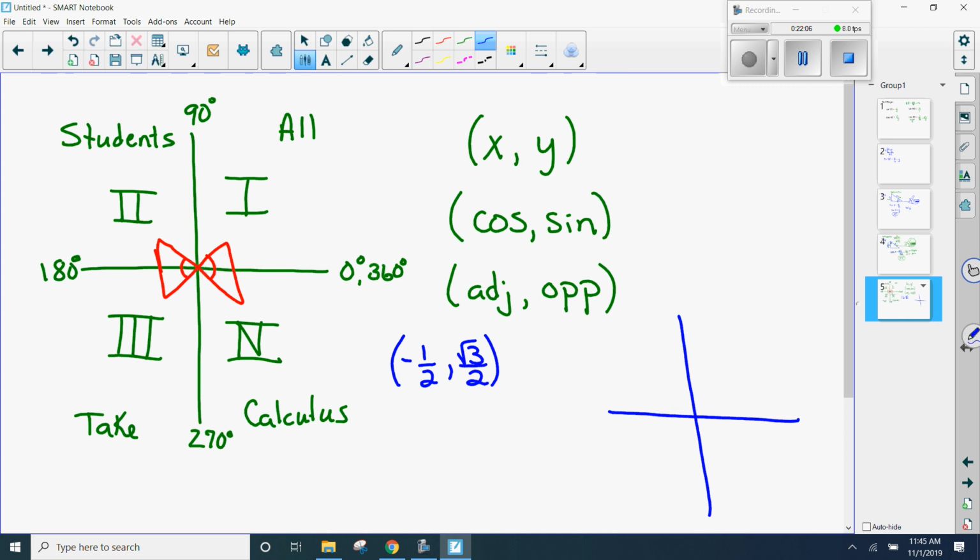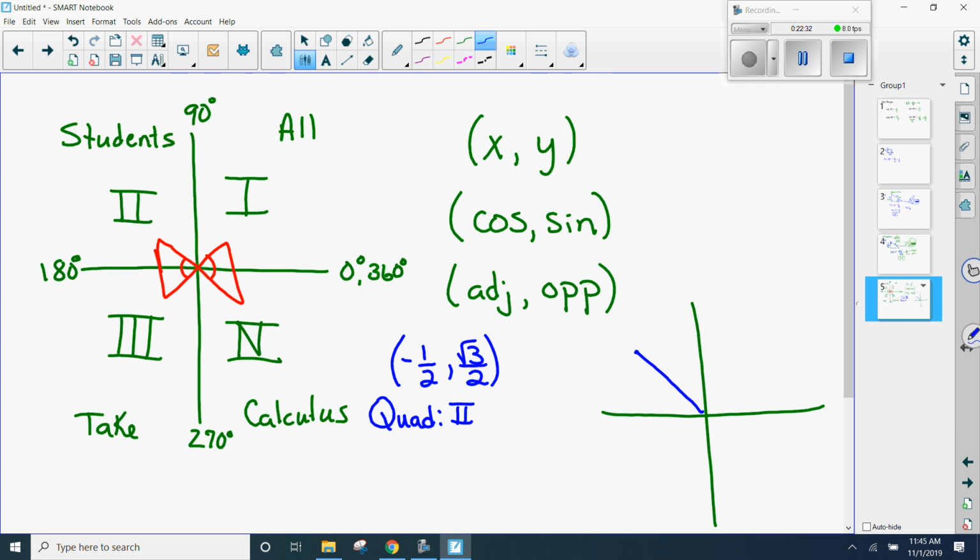So if we talk about what quadrant that's in, there's your axis. Where's that quadrant? You're going to go back a half and you're going to go positive radical 3/2. So that happens to be in the second quadrant. So I think the first question they ask you is what quadrant is that in? That's in quadrant 2.